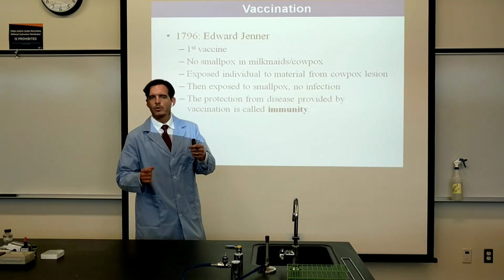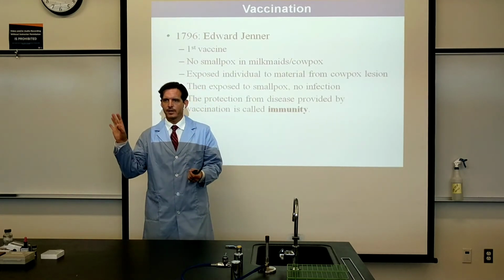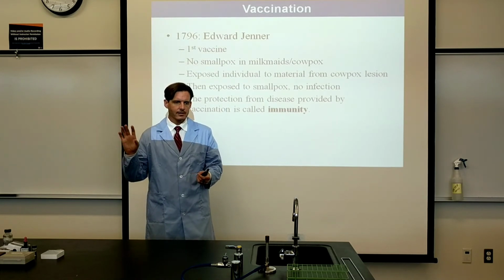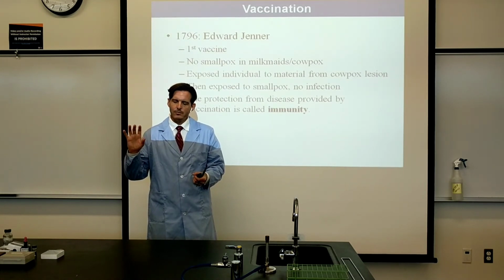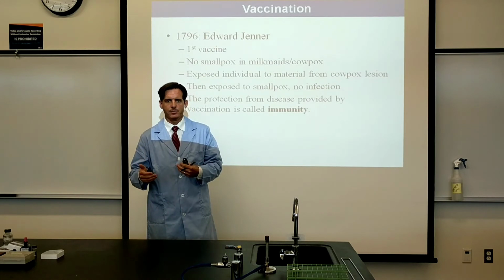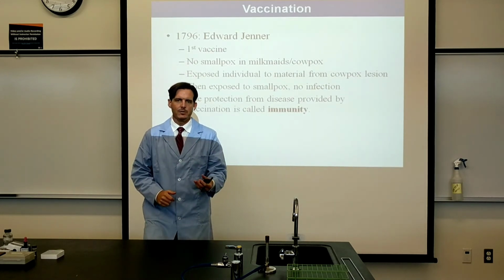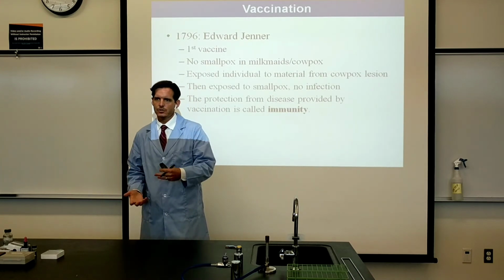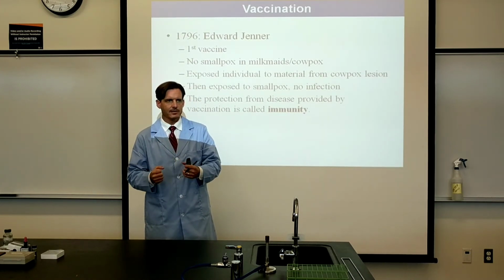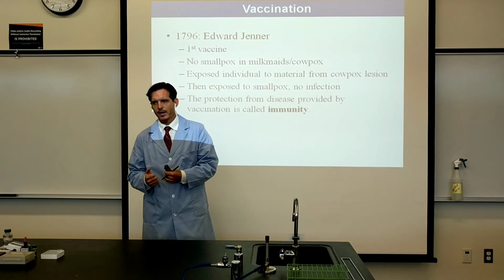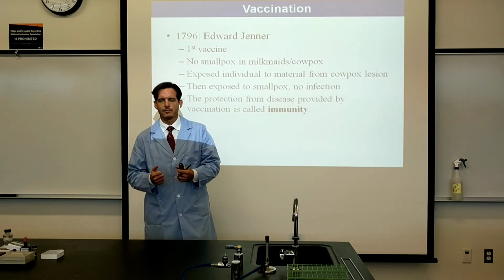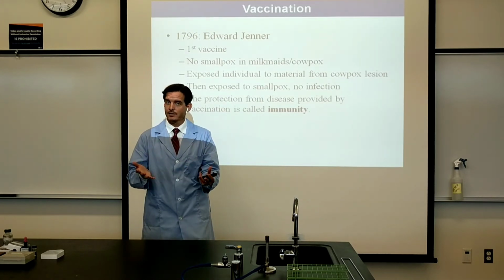And so when smallpox would make its way out to, say, the rural areas like a farm, what would happen sometimes would be that the milkmaids, ladies whose jobs were to wake up and milk the cows every morning, were in close contact with cows that would sometimes experience a disease called cowpox.